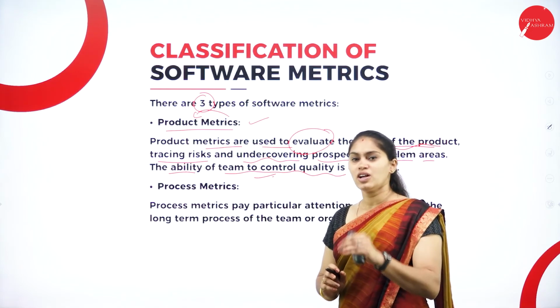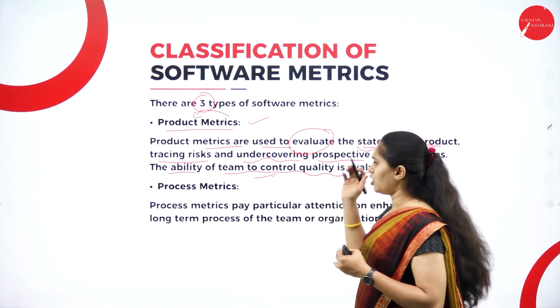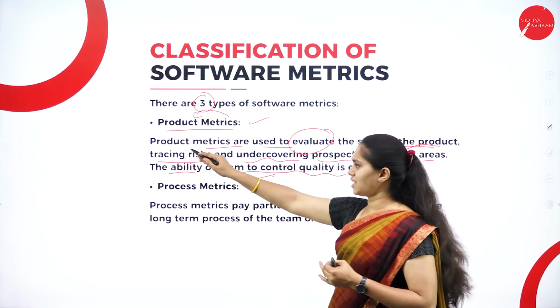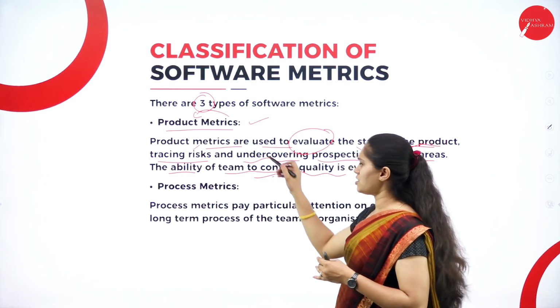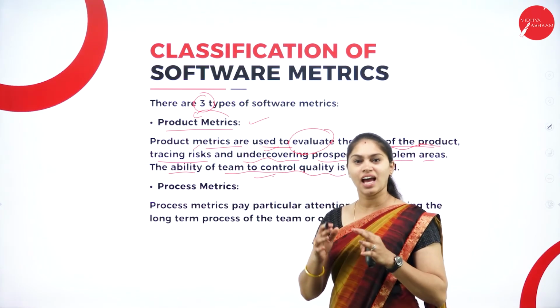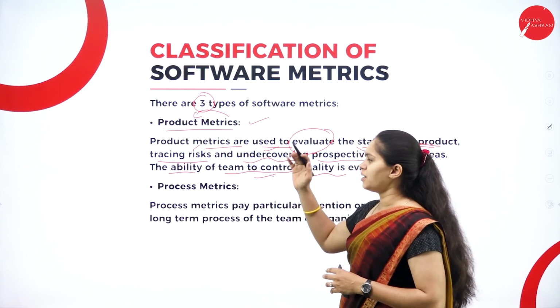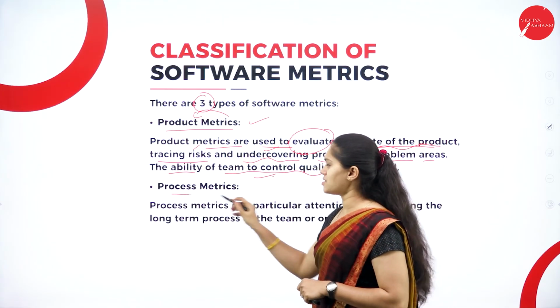So we have to evaluate the state of a product, trace the risk, and uncover prospective problems. In 360 degrees, we have to measure whatever risk could arise in the product.